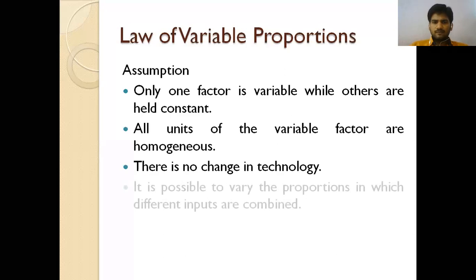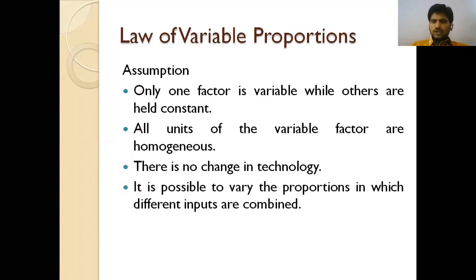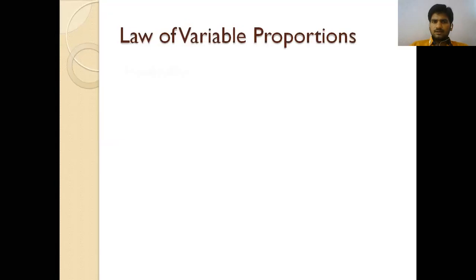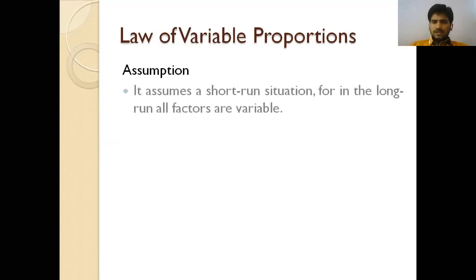Then it is possible to vary the proportion in which the different inputs are combined, so inputs may be combined in different ways. Then the assumption holds in short-term or long-term situations. We already know that the first and third assumptions can be applied to both the long term and short term, but the second one can be applied only to the long term.